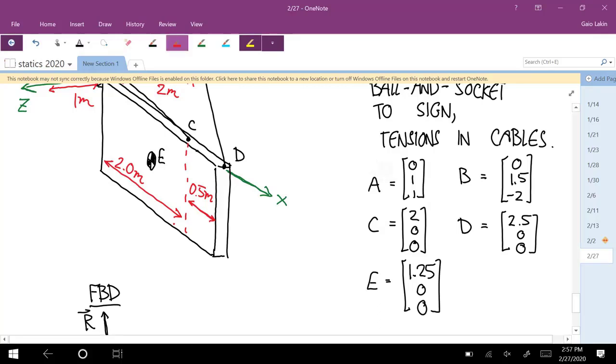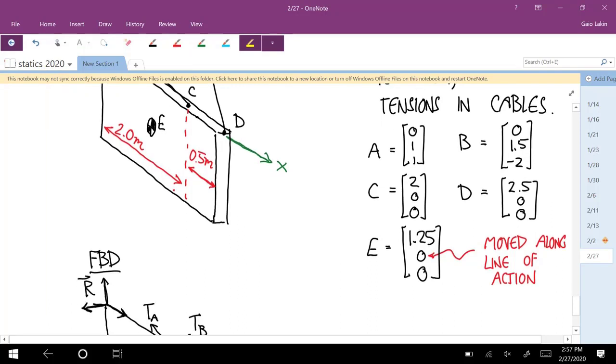So this 0 here, it's not really at 0 y, but that's like we just moved that force along its line of action. Yes, right. Any questions about finding those?